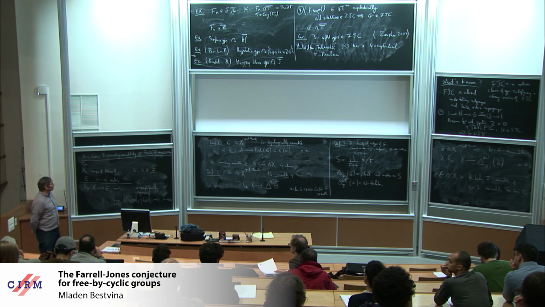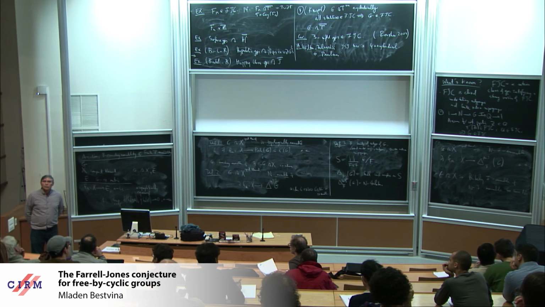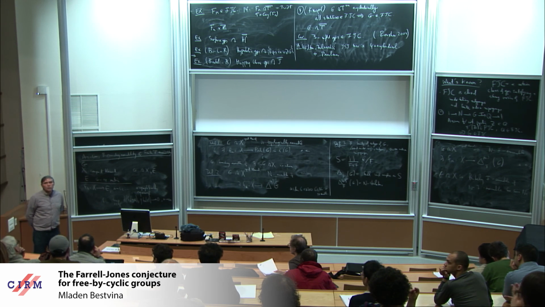And so you put step 1 together with the Bartels theorem, and then you get the Farrell-Jones. Sorry, I should have said that. But there is some sort of structure theory for injective endomorphisms, for example, and then one could try to do the same.